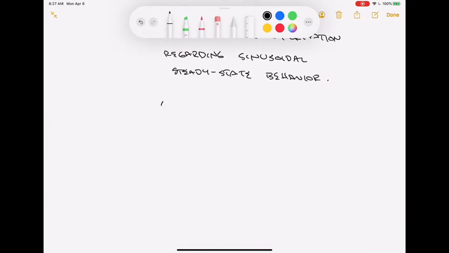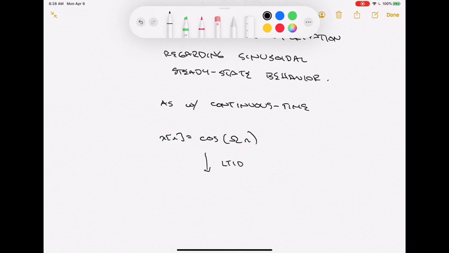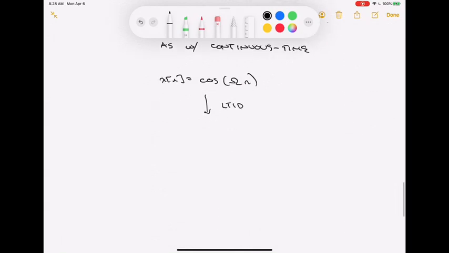So, as with continuous time, if we have an input x[n] equal to just a cosine, cosine of capital omega n, and we run that into our LTID system, and let's reinforce that this is a real LTID system, the output is going to be the same sinusoid, right?